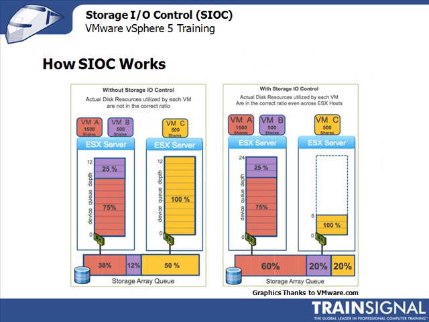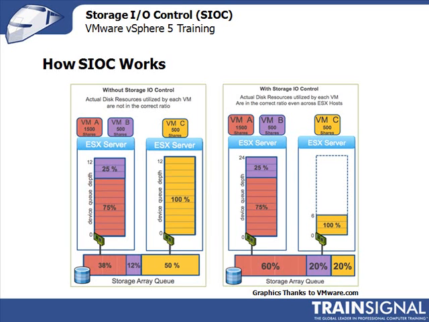Well, if you look at the left-hand side diagram here, or graphic, you've got two ESX servers, and they're accessing the same shared storage array. This diagram from VMware.com shows those two servers have shares configured. So Storage I/O Control right there, there's a hint, it uses shares. Just like you would have shares configured in a resource pool for CPU and memory, Storage I/O Control uses those same shares.